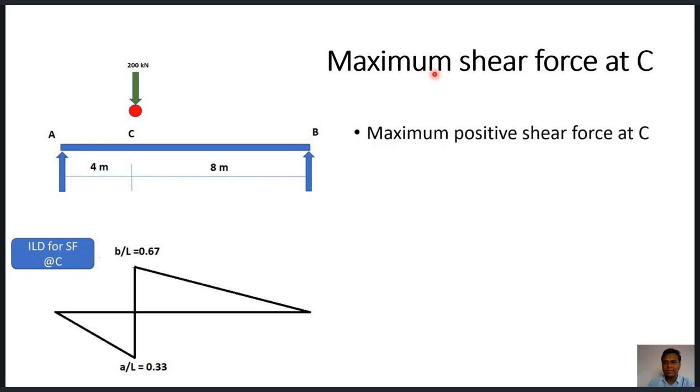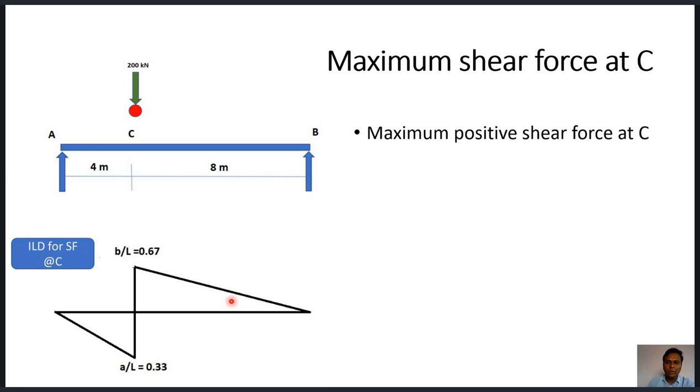First we'll discuss the maximum positive shear force at point C. Now how to get this maximum positive shear force at point C? If you see this influence line diagram, this part which is right side of point C, you can see this is a positive part. So whatever loads we have to place, all those loads we have to place over a positive part.